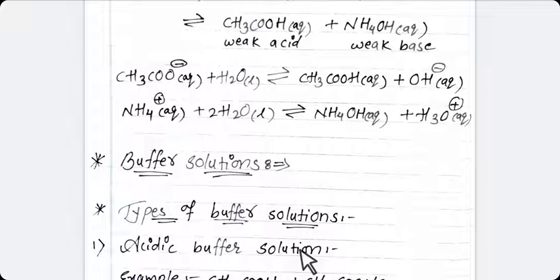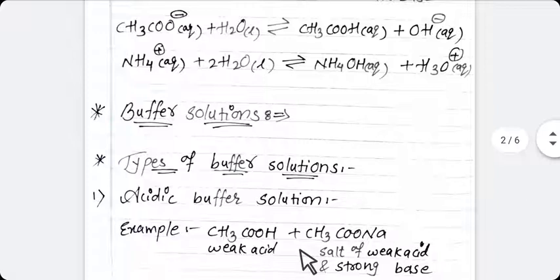I am giving you an example which clearly shows how to make an acidic buffer solution. See here, students, this example of an acidic buffer solution uses a weak acid and a salt of a weak acid and strong base.